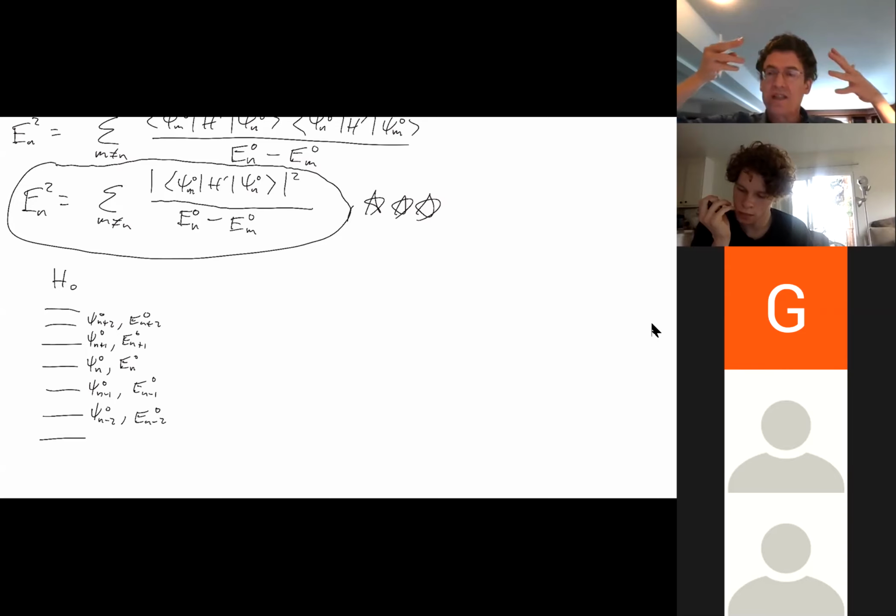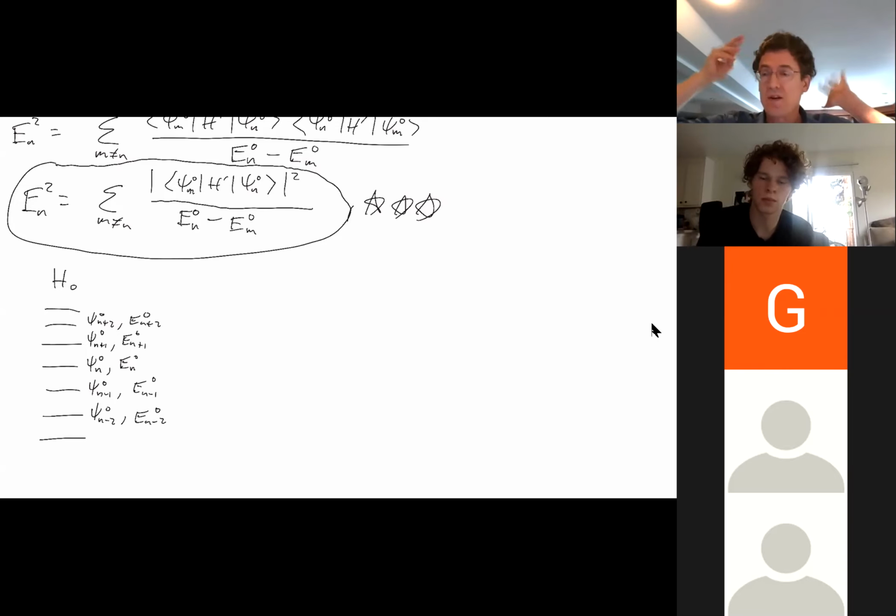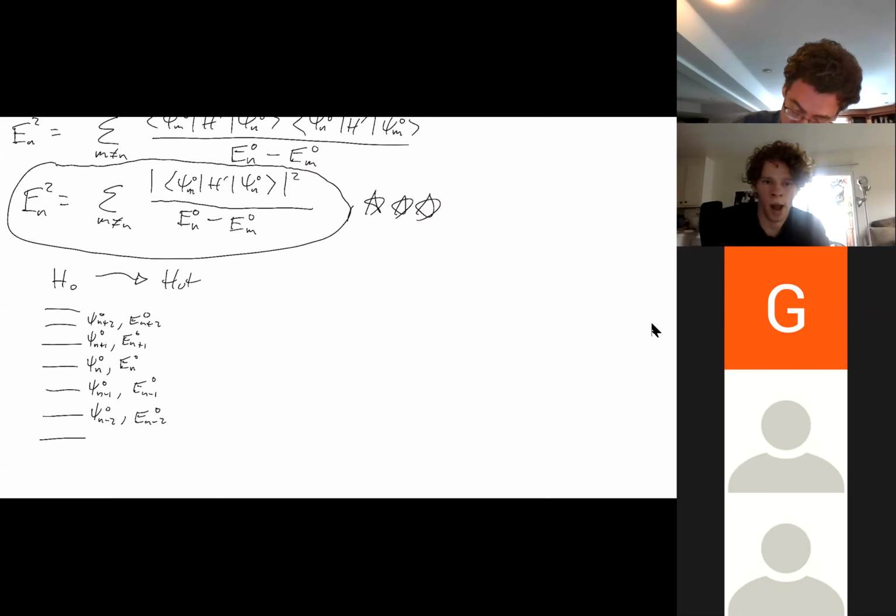Normally these eigenstates are all orthogonal to each other in the unperturbed Hamiltonian, and they don't mix. But now, when I go from H naught to H naught plus H prime, the states mix.